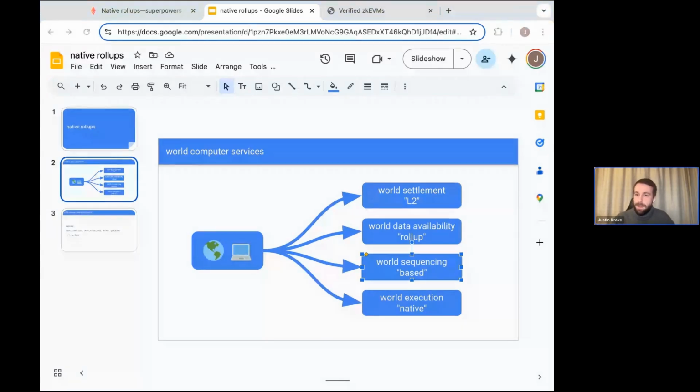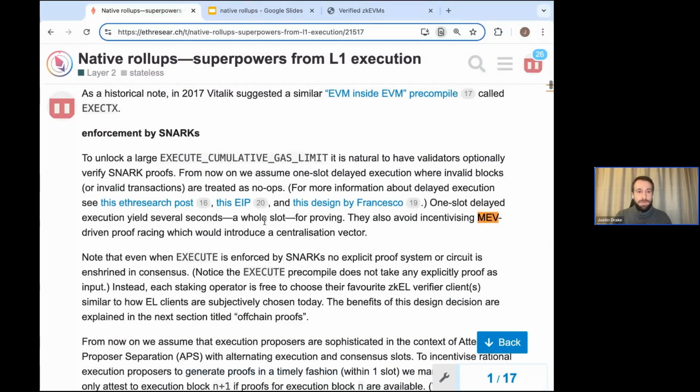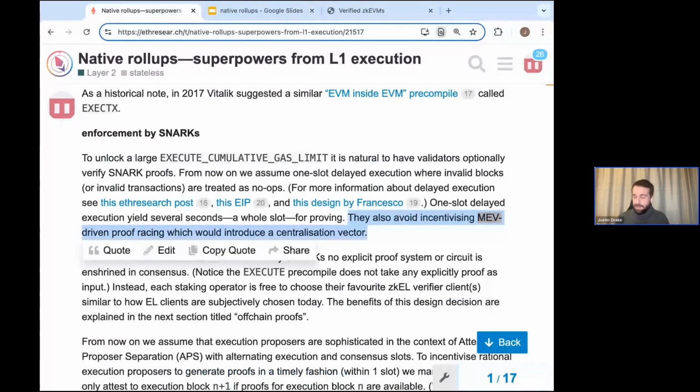This means that MEV in the context of SNARKs is impossible. One of the things I mentioned here is this notion of MEV-driven proof racing. If we didn't have this next-slot delayed state roots, we'd be in a position where the fastest provers would have an edge over the slowest provers, because they'd be able to generate the proofs in a small amount of time and collect more MEV.